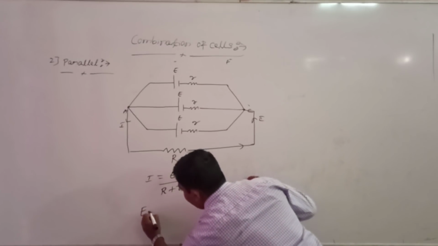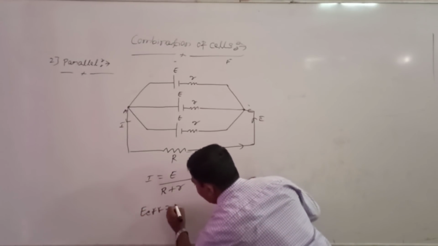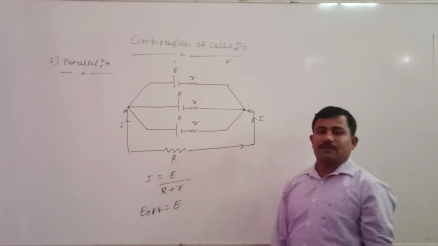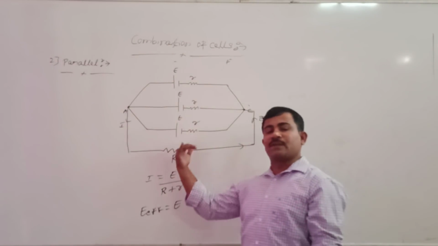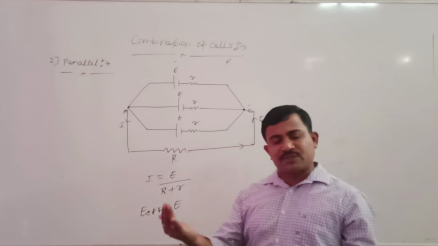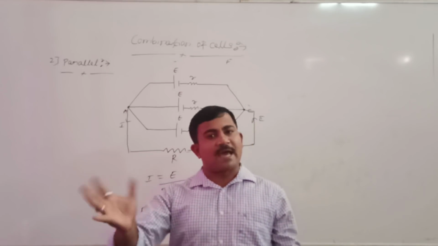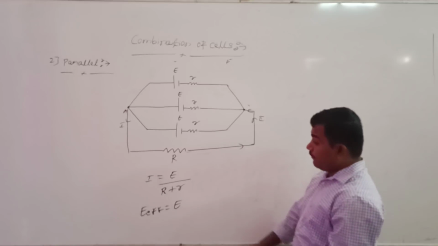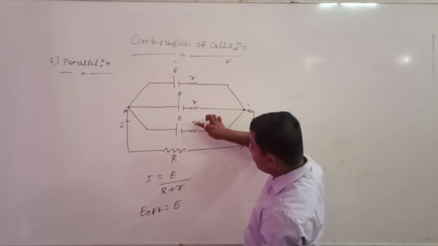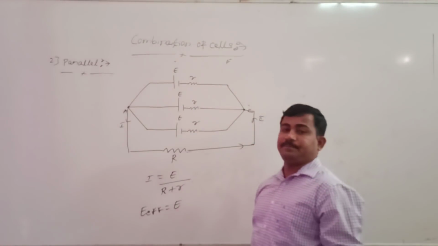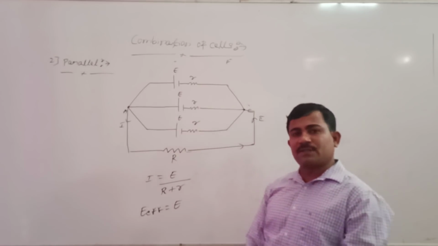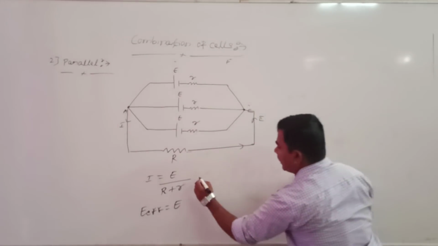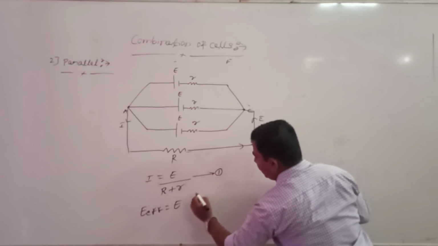The effective EMF must be equal to the EMF across one cell. EMF and terminal potential difference are the same in parallel combination, as we studied in the combination of resistances in parallel. This is equation number 1.